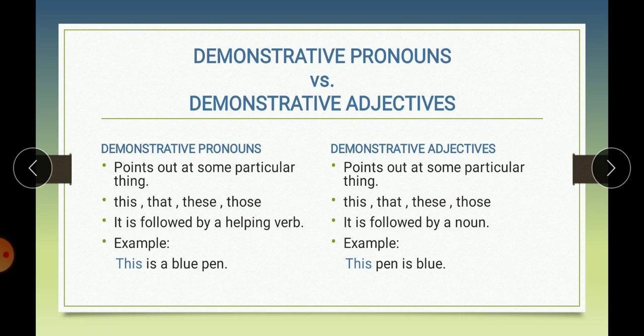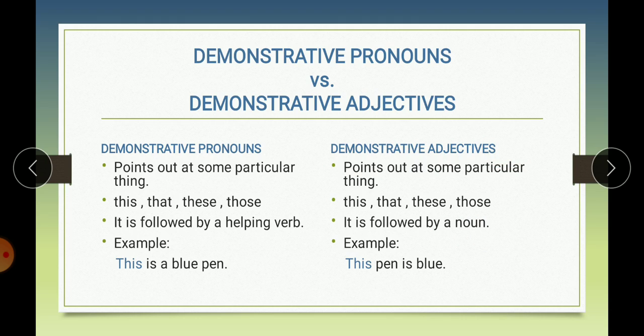Demonstrative pronouns are followed by a helping verb and demonstrative adjectives are followed by a noun. That means this, that, these, those के बाद एक helping verb आएगा demonstrative pronoun में और अगर this, that, these, those के बाद एक noun आ रहा है then that is a demonstrative adjective.